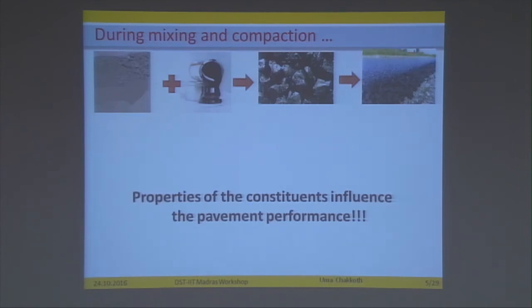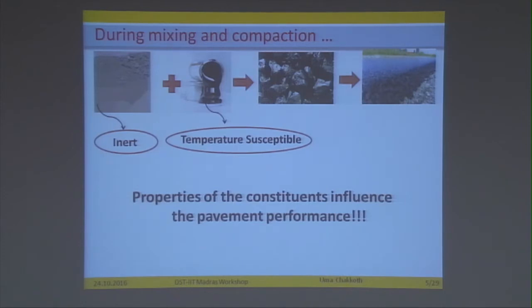The aggregates are a relatively inert material, so their properties do not considerably change even though they are heated to higher temperatures during mixing, whereas the bitumen we use is a temperature susceptible material, and in the earlier slide we saw that it is subjected to various temperature profiles. So the properties of bitumen will change with temperature.